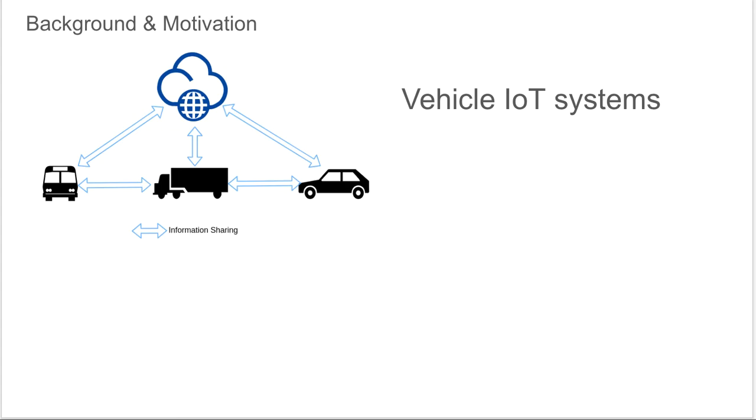All these sensors generate a lot of data, such as images. And all these vehicles exchange this data in order to monitor current traffic and predict the future traffic. As the data generated are very large, how to efficiently access and process this data is very important for such IoT systems.